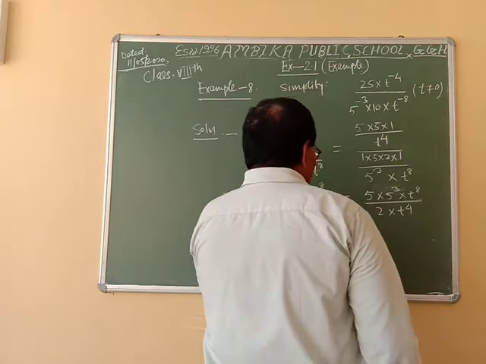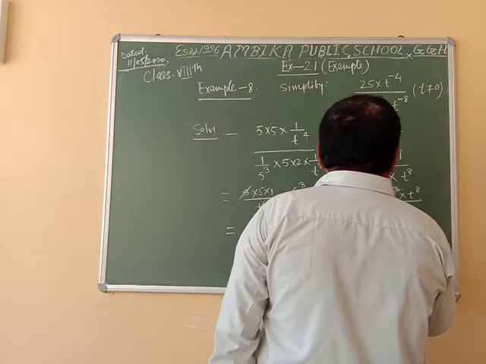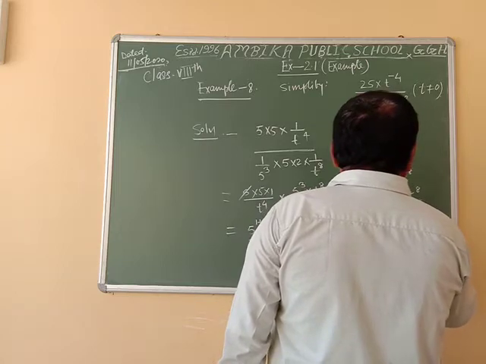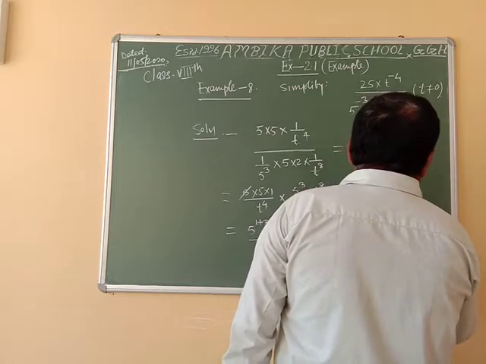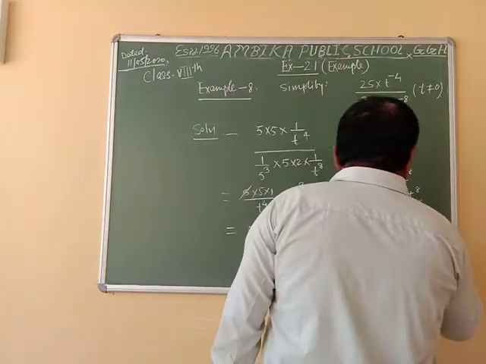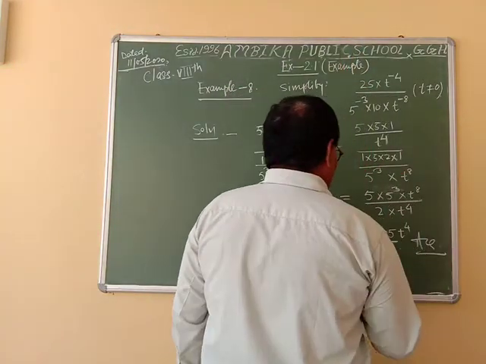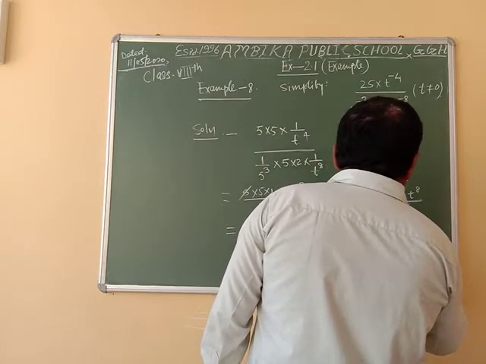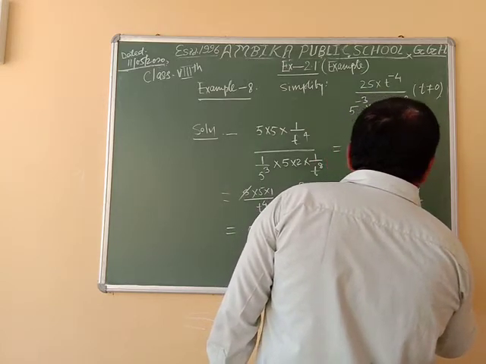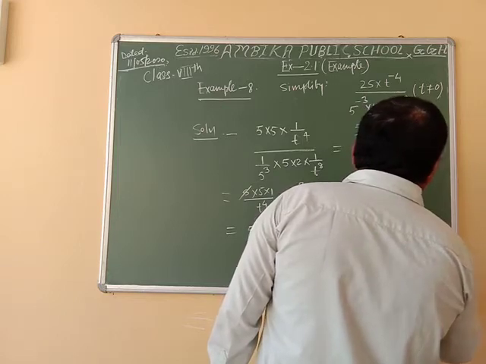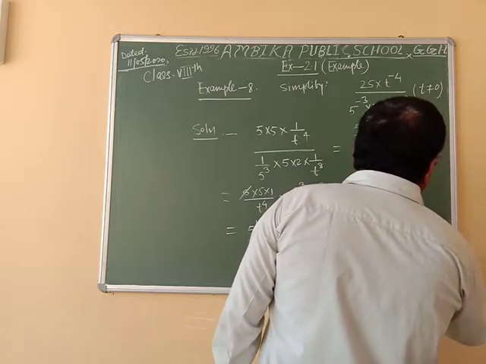The value of 5 to the power 4 is equal to 625, t to the power 4 by 2. This is your answer. 5 to the power 4 is equal to 5 into 5 into 5 into 5, which is equal to 625.